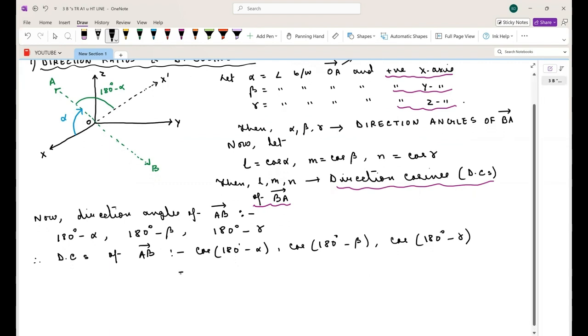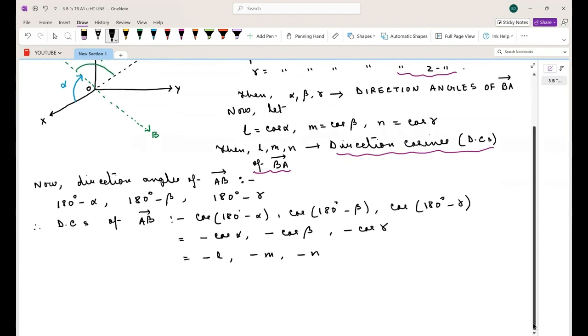That is, minus cos alpha, minus cos beta, minus cos gamma. So that is minus L, minus M, minus N. So what do we see? So finally, what do we see? Conclusion.